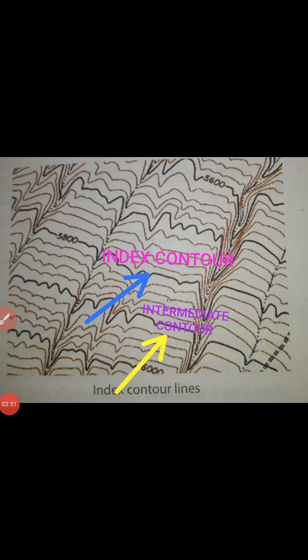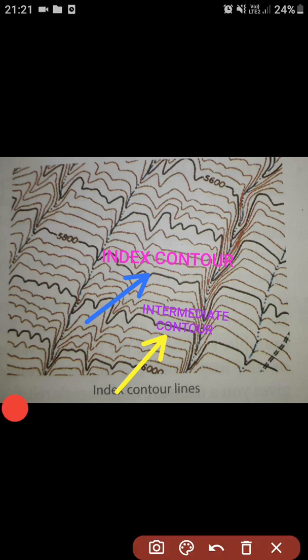Intermediate contours are traced in light color. They do not have elevation written on them. You can see index contour has numbers, means height is given, but intermediate contours are light in color, and you will not find the height written anywhere on intermediate contours.